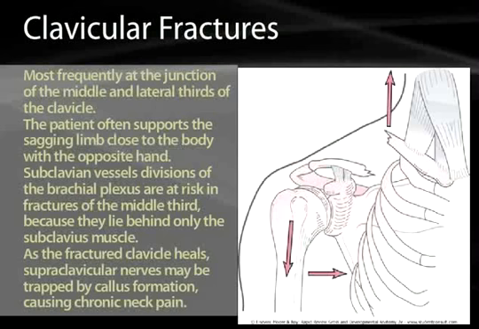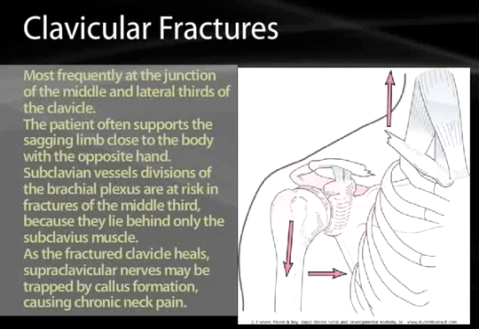In this case, the patients will typically support the sagging limb close to the body with the opposite hand, and you'll get a dissociation of the proximal and distal components of the clavicle. Sometimes subclavian vessels can be at risk, or the brachial plexus can be at risk because they lie directly behind the clavicle and the subclavius muscle.